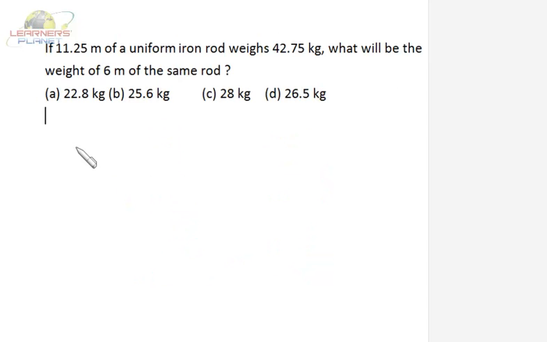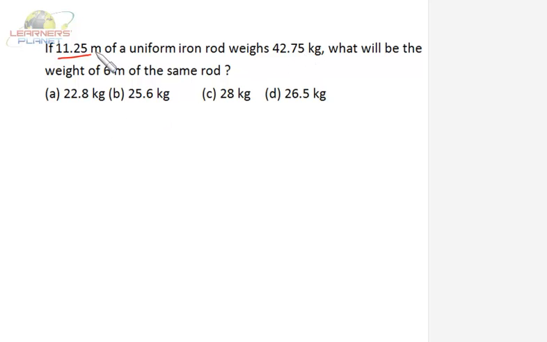Now let's see this problem. If 11.25 meter of a uniform iron rod weighs 42.75 kilogram, then what will be the weight of 6 meter of the same rod? Okay, now definitely the length and the weight are in direct proportion.